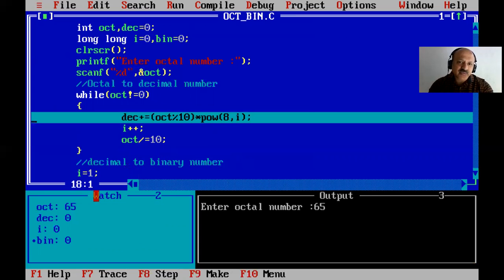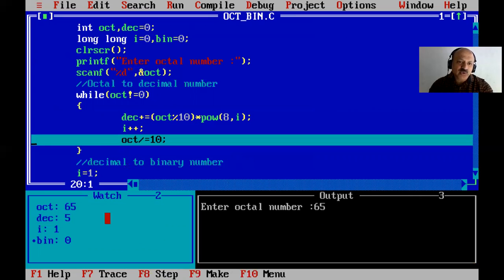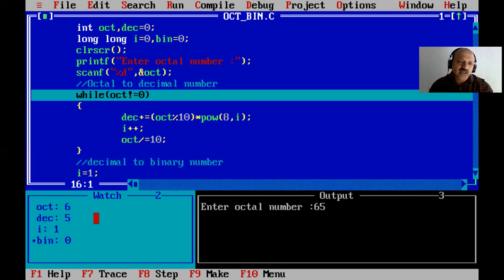So I is first 0, and modulo separates the digit. So here 5 is first separated and stored in the decimal DEC variable, and I plus plus. Then octal divided by 10, so only 6 remains.